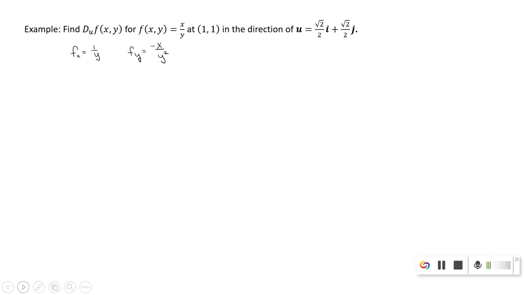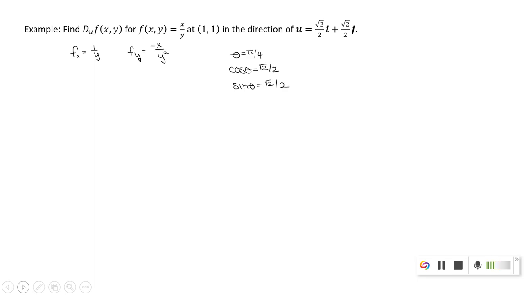So the first thing I'm going to do is find my partial derivatives. The derivative of x divided by y with respect to x would just be 1 over y. And then the derivative with respect to y would be negative x over y squared. So those are my partial derivatives.